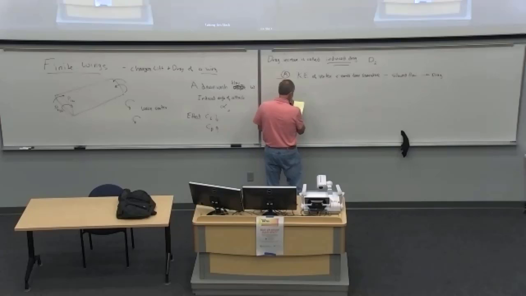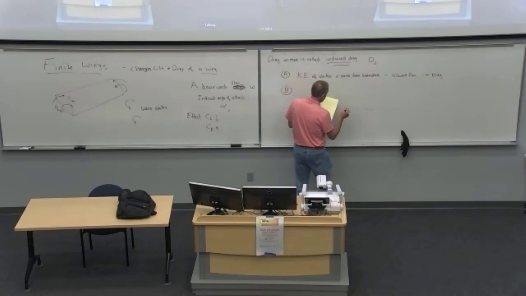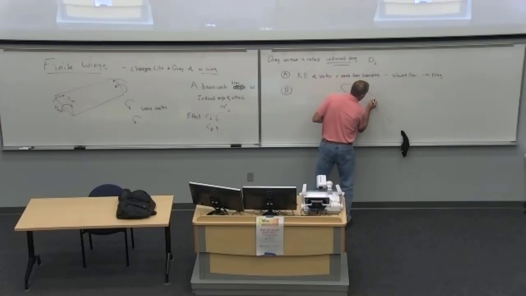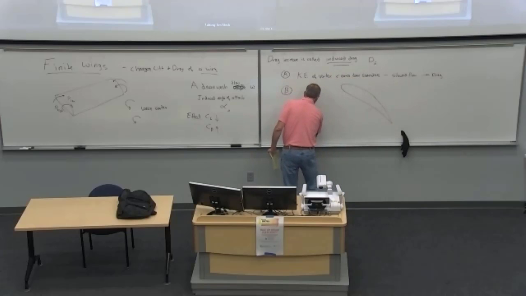Or here's a picture that helps describe it as well. So draw this big on your notes. You're going to have a big wing here. And draw V infinity. So there's the flow coming in, way out in front.